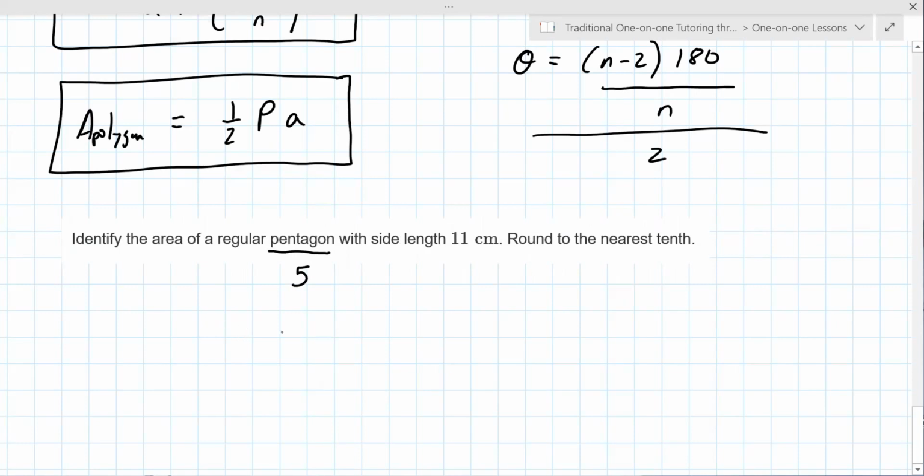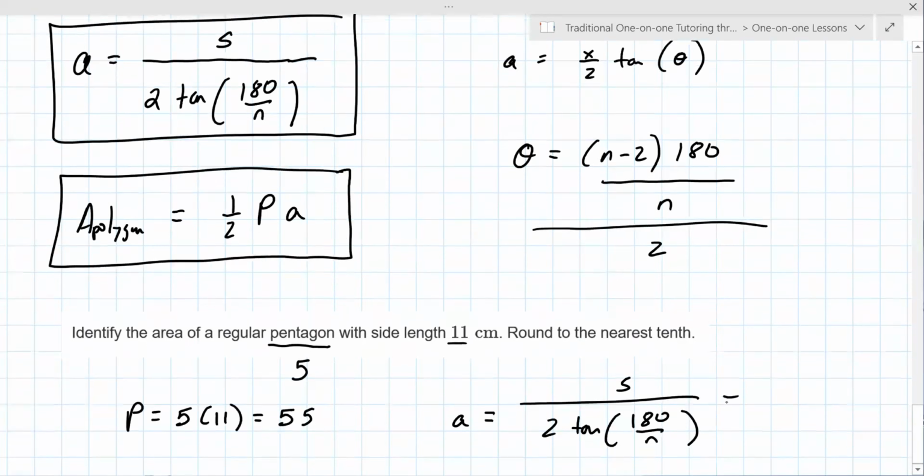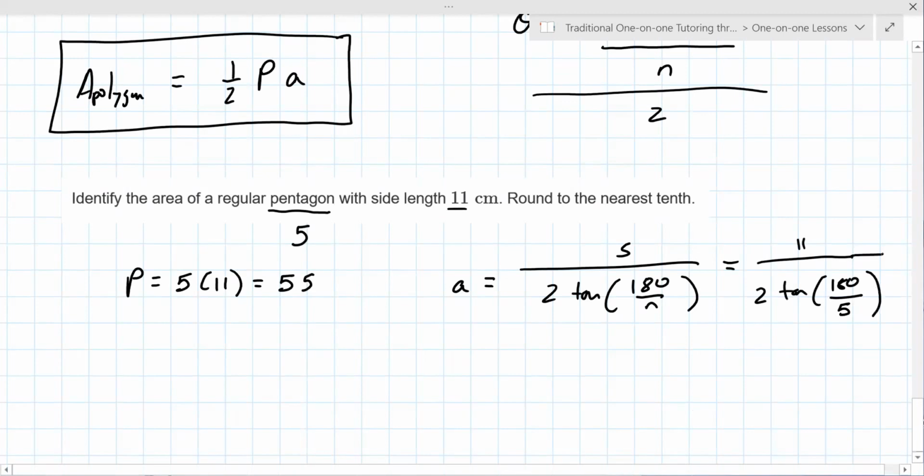So the perimeter here is 5 times 11, that's 55. The apothem is that formula we just mentioned: S over 2 times tangent 180 over n. So S in this case is 11 over 2 tangent 180 over 5.